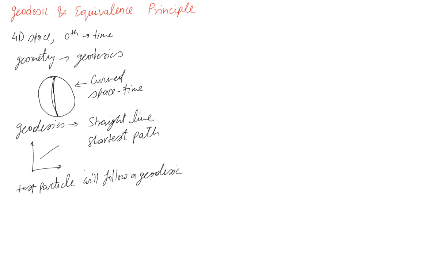Quantitatively, we can derive this using the action principle. We'll talk about that later. But a test particle is going to follow the geodesic. How we get the geodesic is something we are not talking about right now. So when it follows a geodesic, basically it free falls along the geodesic.